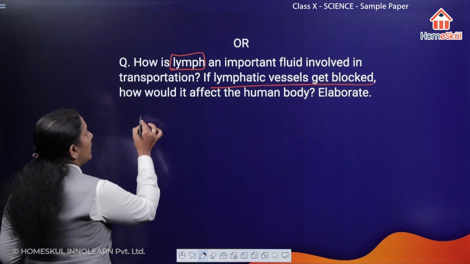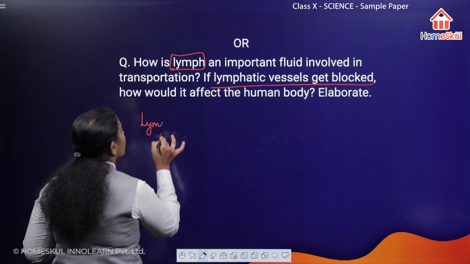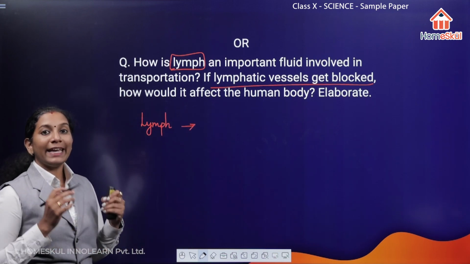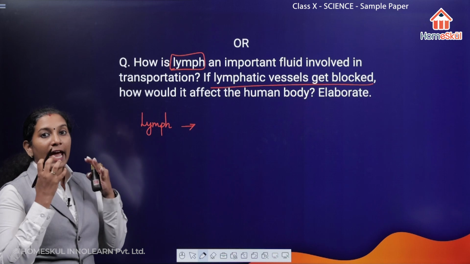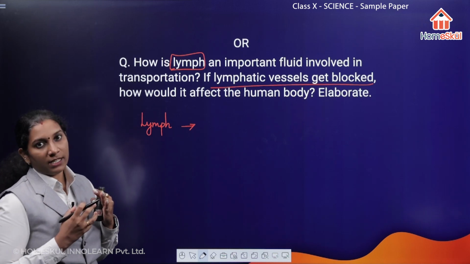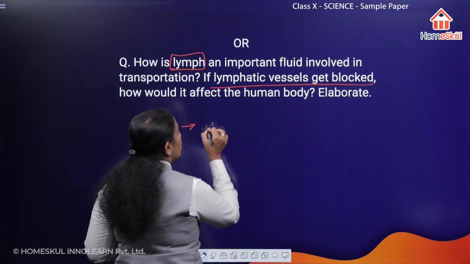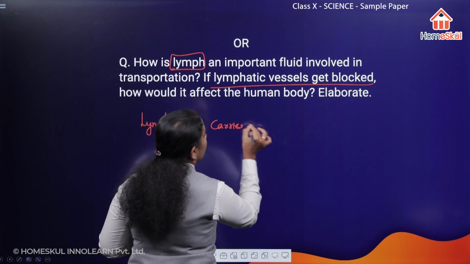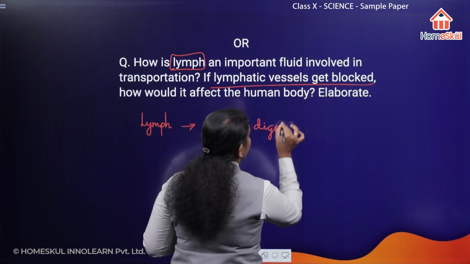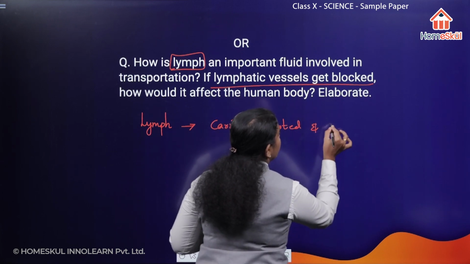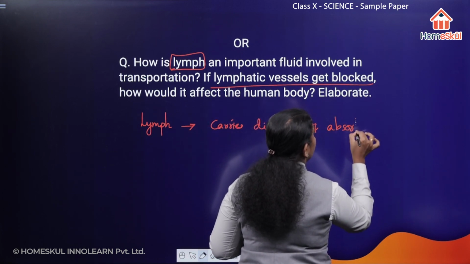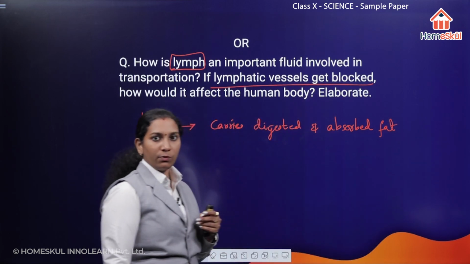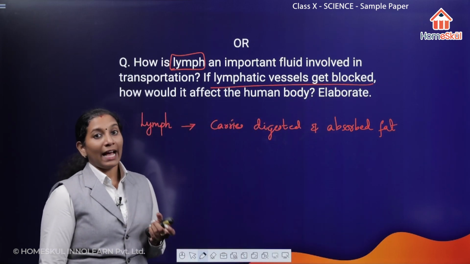So, you know lymph. What is actually the function of lymph? That you have to remember first. Lymph will carry the digested and absorbed fat content from our intestine. That is one function of lymph. Then what is the other function?